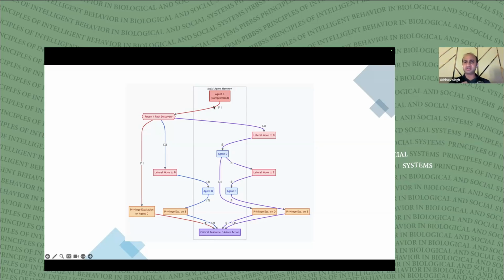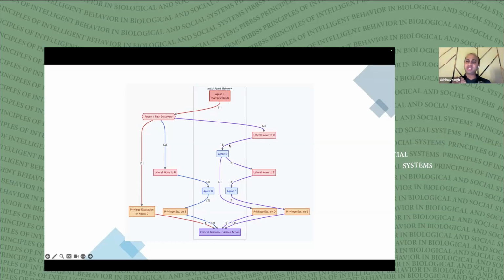Similarly, there could be another flow where the compromised agent, agent C, once we get it, again performs recon to understand what all other agents are there. We figure out that we also have agent D, which has, let's say, not a complete elevation of privilege, maybe like an admin agent, but somewhere in between.